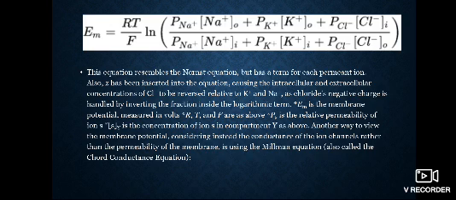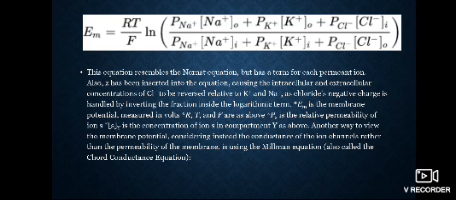Also, Z has been inserted into the equation, causing the intracellular and extracellular concentrations of Cl minus to be reversed relative to K plus and Na plus, as chloride's negative charge is handled by inverting the fractions inside the logarithm term. Em is the membrane's potential measured in volts; R, T, and F as above. P is the relative permeability of the ion, and the concentration of the ion in the compartment is as above.